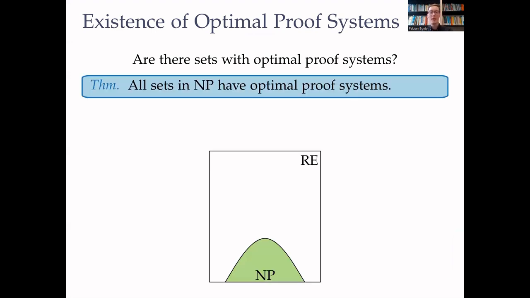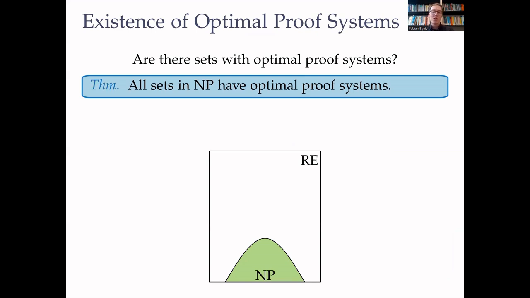And one of the first questions one can ask after defining what an optimal proof system is, are there sets with optimal proof systems? And the answer is yes, there are, because all sets in NP have optimal proof systems.